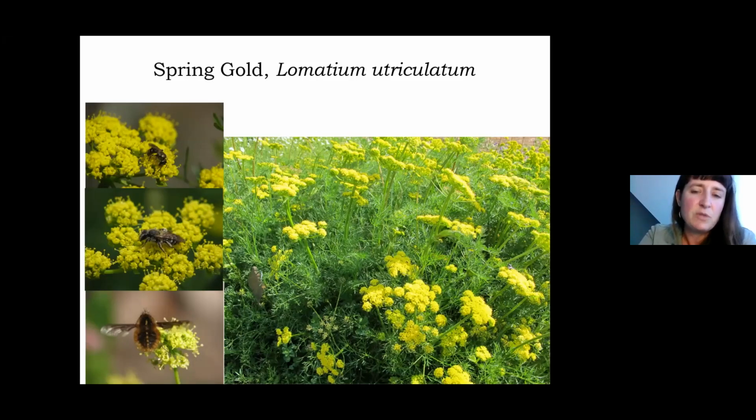When I was talking about smaller flowers attracting smaller bees, you'll see that with these, and the diversity of bees at them is truly remarkable. You can see why they call them spring gold, because in the spring, a carpet of these in between all the lush green growth really is striking.